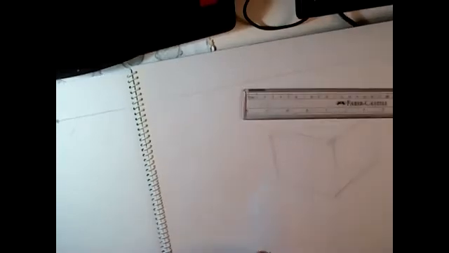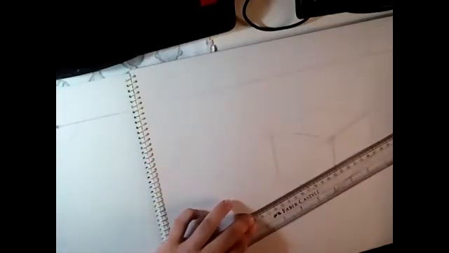All right, let me just fix my wires because I'm not using a wireless headphone. All right. So here's our horizon line. And then from there, I'm going to draw some grids. I'm just gonna extend the horizon line up until here.